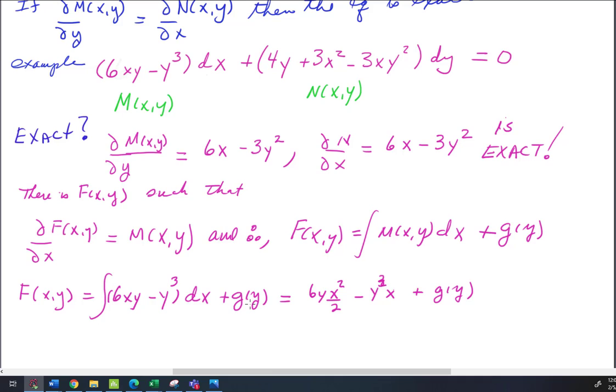Any arbitrary constant could be absorbed into this g function. So at this point, f of x, y is equal to 3x squared y minus x y cubed plus g of y.